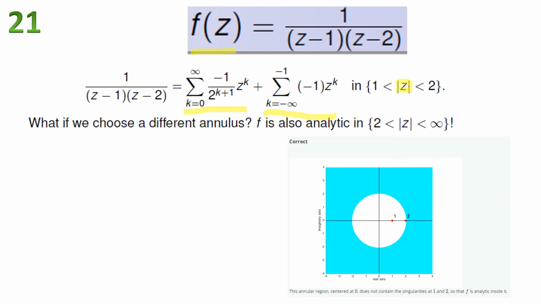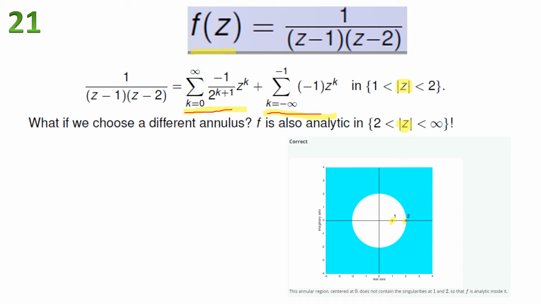Now if we choose mod of z between 2 to infinity, in one of the earlier slides we have seen that both the singularities, at 1 and at 2, are out of the annulus, and therefore the function is analytic and hence differentiable in that region. Now we are going to explore the series expansion for this. Now let us work out the coefficients.